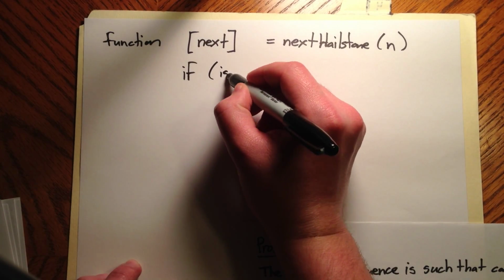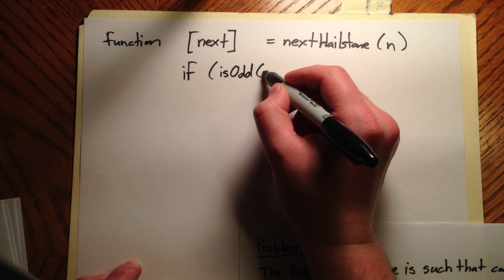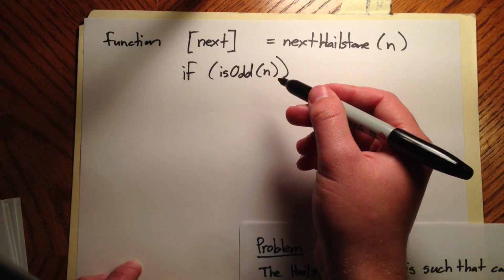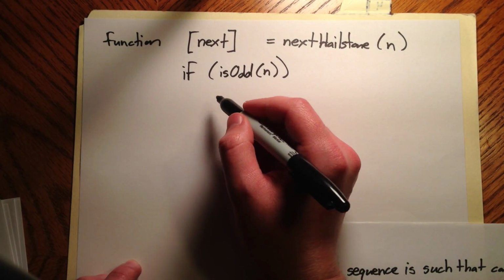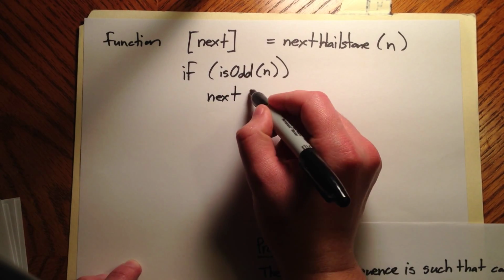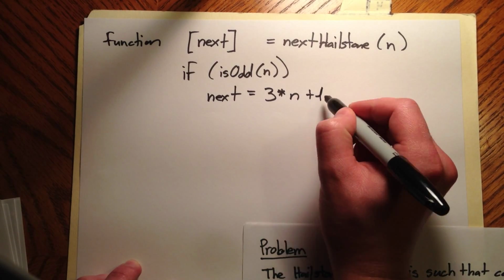So we'll call that isOdd, and it'll just use the number and return a true or a false value, so 0 or a 1 in Matlab. And if it is, next is equal to 3 times n plus 1.